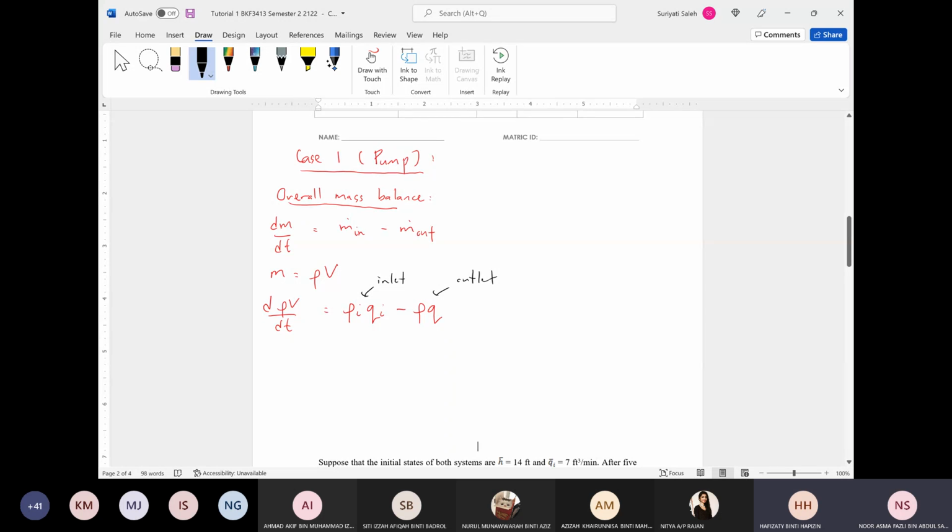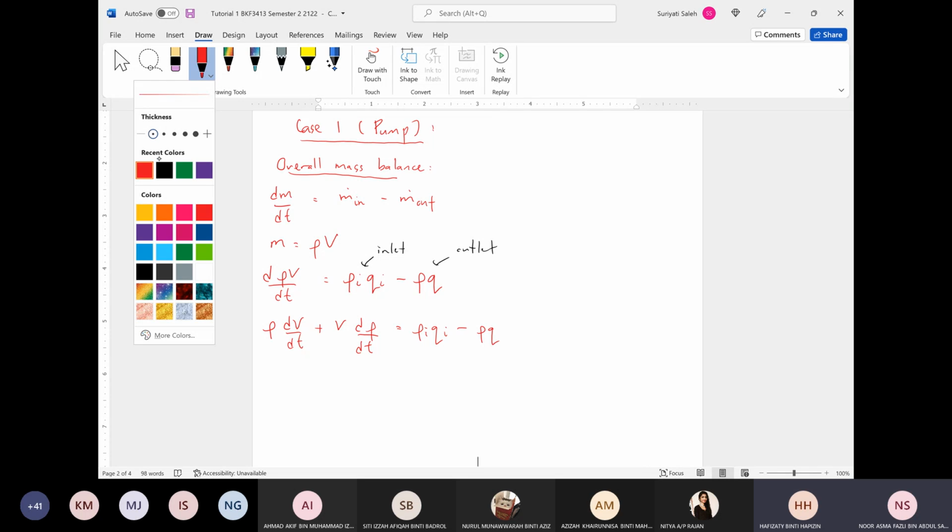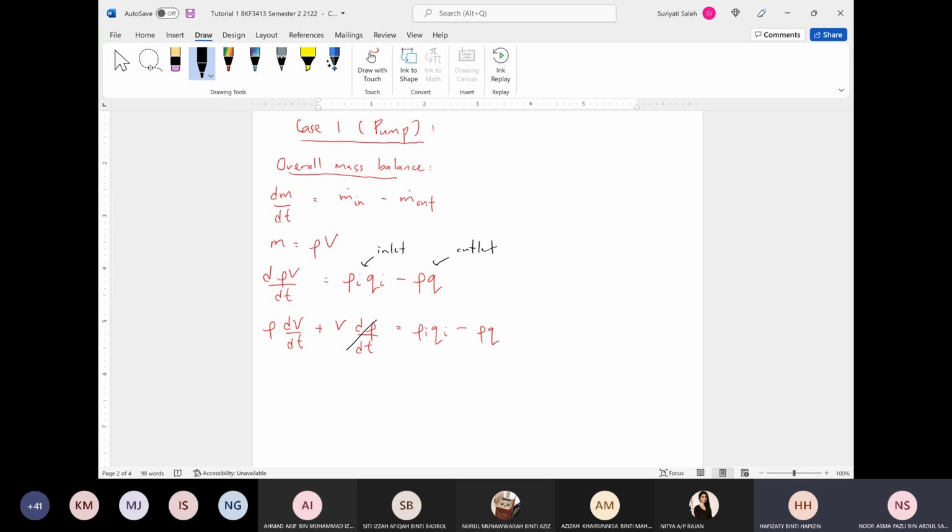Then, based on this, we can further expand our equation: rho dV over dt plus V d rho over dt equal to rho Qi minus rho Q. Based on the previous assumption, the density will not change against time, so that term can be neglected.